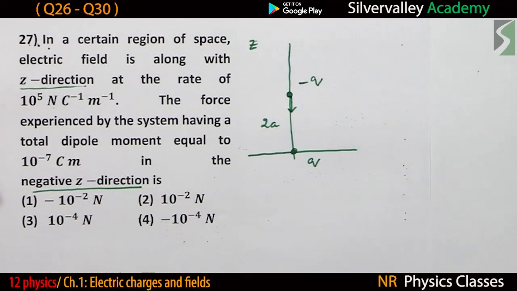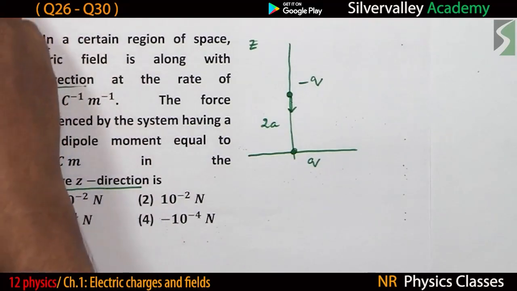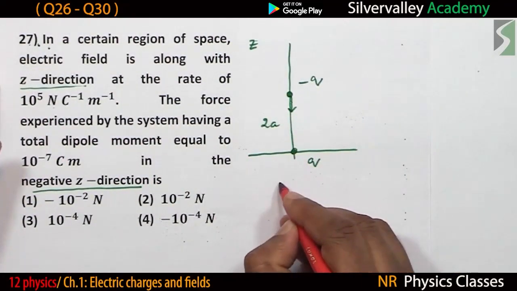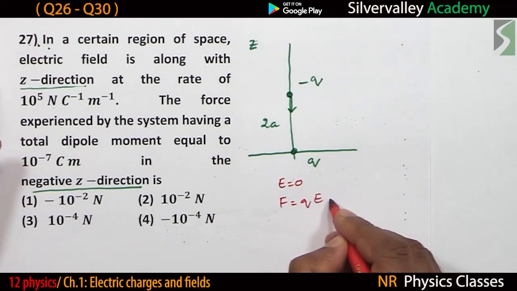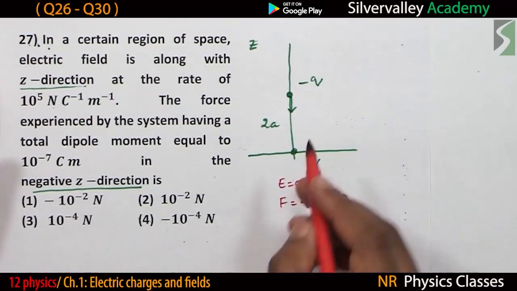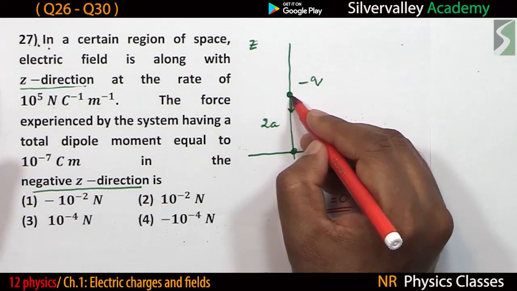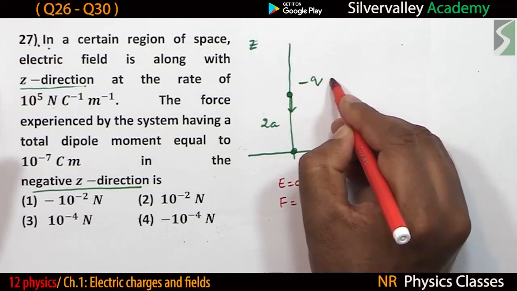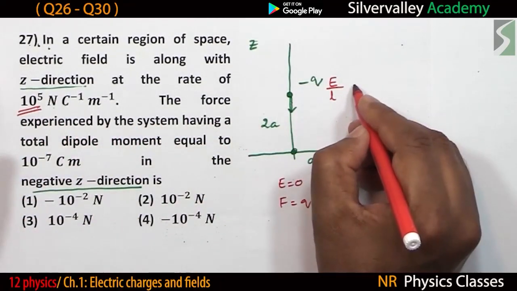Next, let the electric field at this point be 0. If the electric field at this point is 0, then force equals charge into electric field, which is equal to 0. Now let us find the electric field at this point, thereby the force. The electric field gradient is 10 to the power of 5.